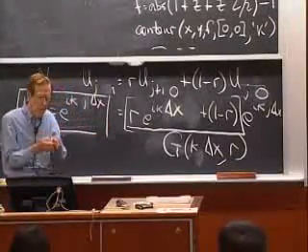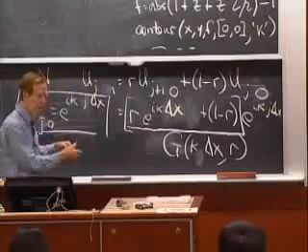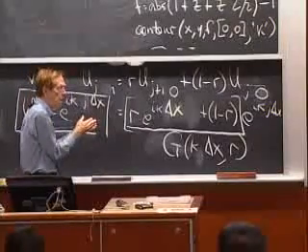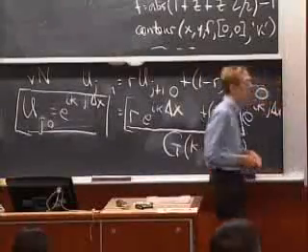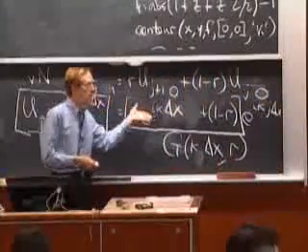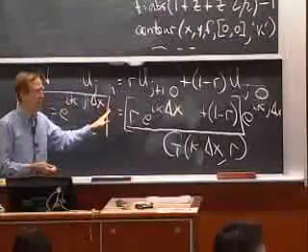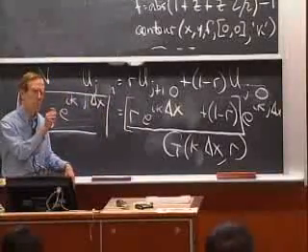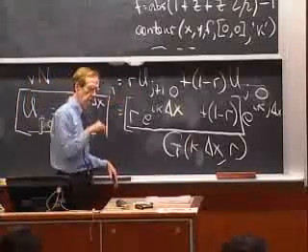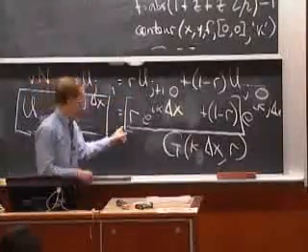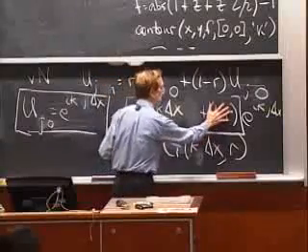Of course, it would be great if the magnitude was always exactly 1. It would be great, because that's what the true solution has. But that's only going to happen in this special case when r equals 1 and I'm going just right on the characteristic. When r is exactly 1, that's gone.